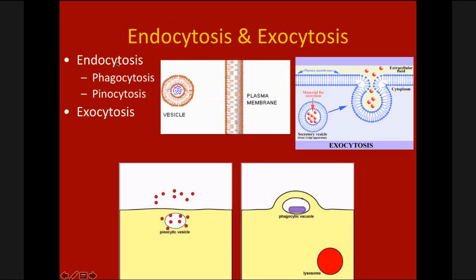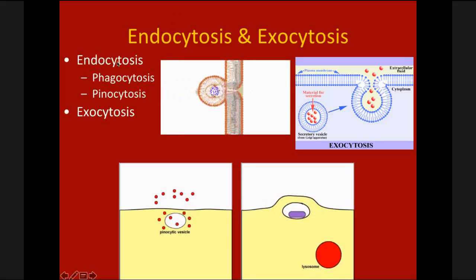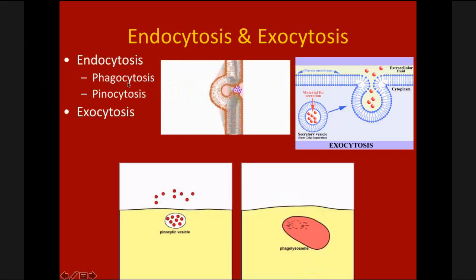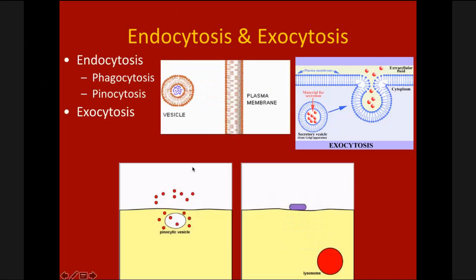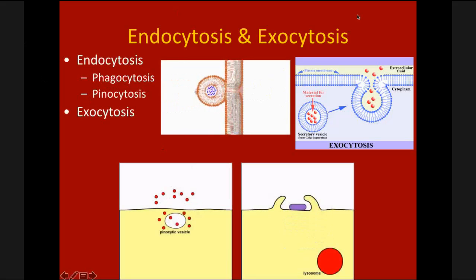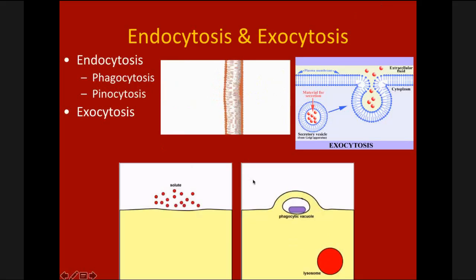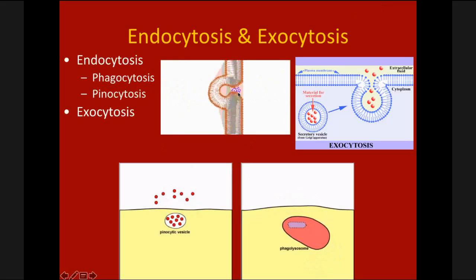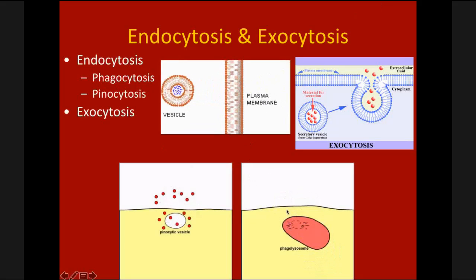So endocytosis, there's two types of endocytosis, phagocytosis or pinocytosis. Right? So phagocytosis is how you bring in a lot of something to the cell, right? So maybe you're bringing in a vacuole's worth of content or a large item.